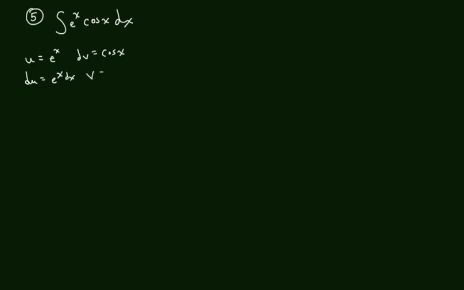I need a v, sine of x. I'm ready for some bump action. So e to the x sine x minus the integral of e to the x sine x dx. Okay, so I have another one.